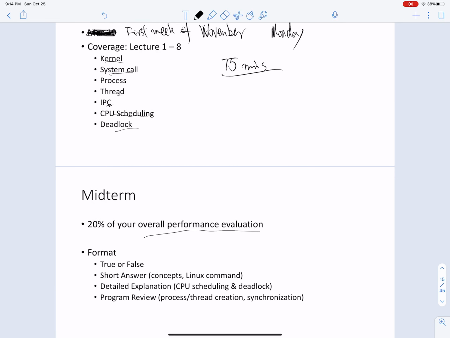It's going to be worth 20% of your overall performance, and there are going to be 4 different parts in the midterm. The first part is true or false, so pretty simple.